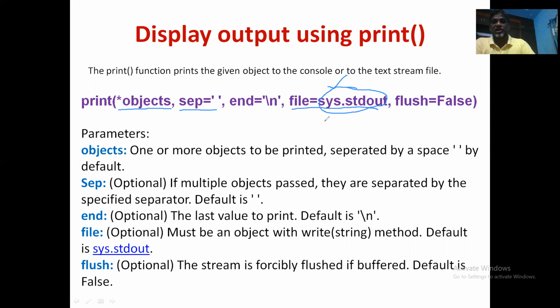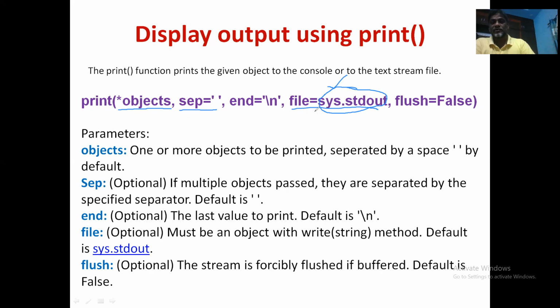So sys dot stdout means the output device that is connected to the particular system in which you are running your Python. Okay, so sys dot stdout refers to the monitor, the output screen. You can mention any valid output device here if you know the corresponding name.